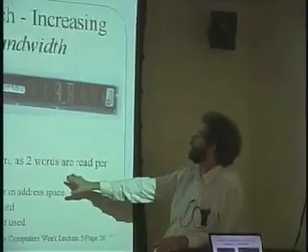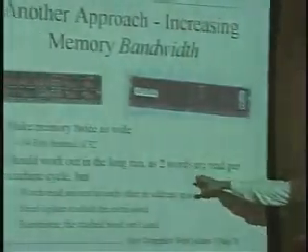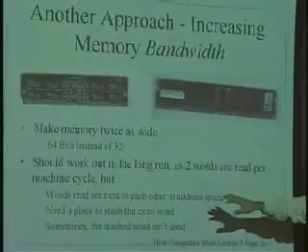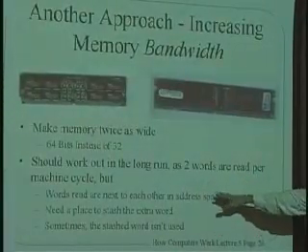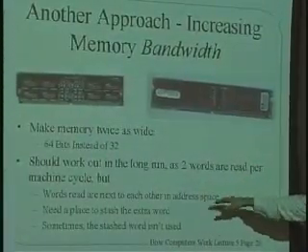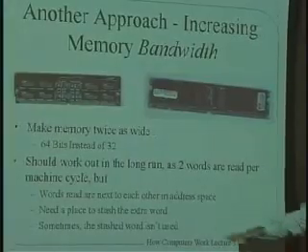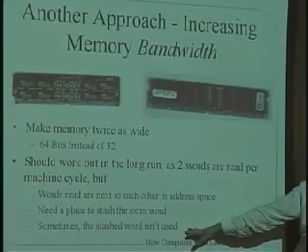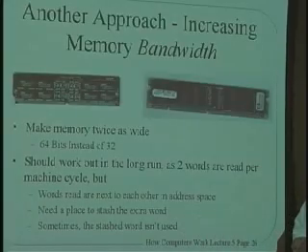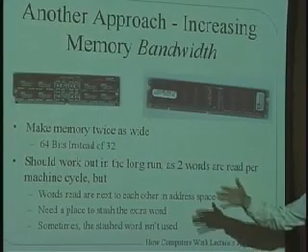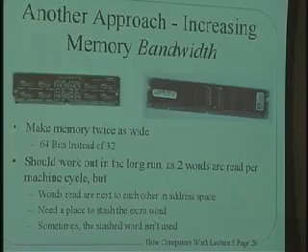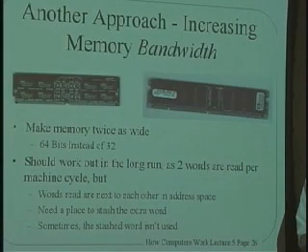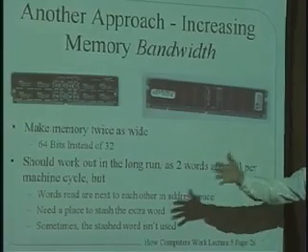Okay, so it works in the long run as long as the 2 words are read per machine cycle, but you have to watch out because the assumption is that the words are next to each other in the address space. You need a place to stash the extra word, and sometimes the extra word is not used. So again, if you go to the Library of Congress and instead of taking out 1 book, you say, I work in law, so I'm going to bring home the whole shelf worth of law books, well, that's fine.